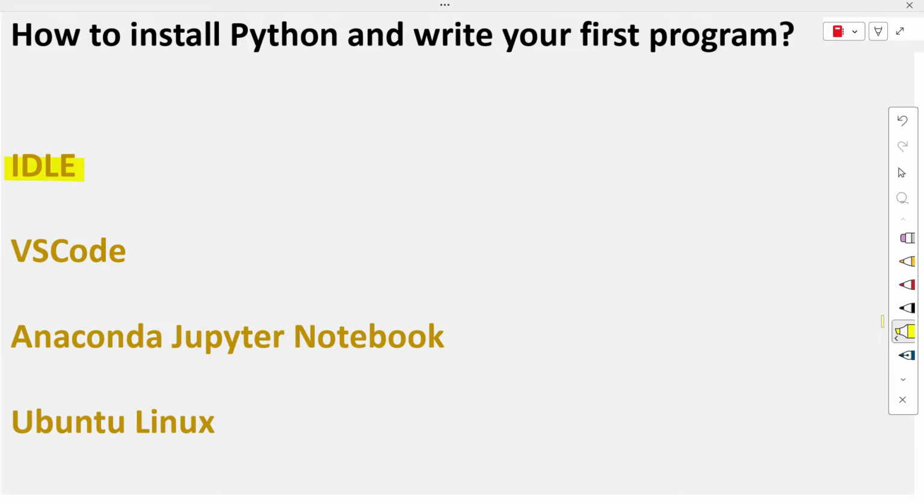In step number 2, we will see how to install VSCode, which is an IDE, integrated development environment. And we will see how you can write your first program in VSCode.